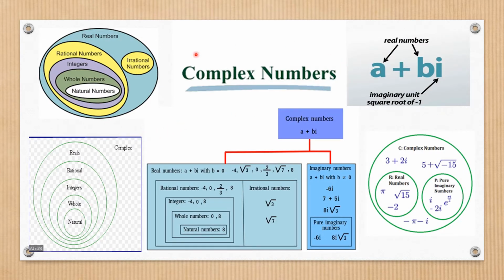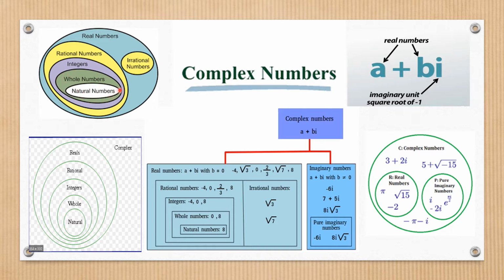Now before starting complex numbers, let us understand the concept of real numbers. Real numbers are those numbers including rational and irrational numbers. And in rational numbers, what comes? Integers, whole numbers, natural numbers. Whole numbers contain all natural numbers including 0.